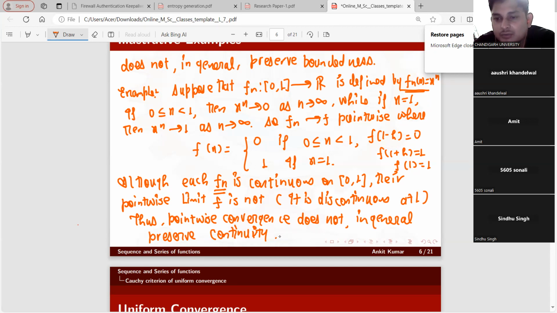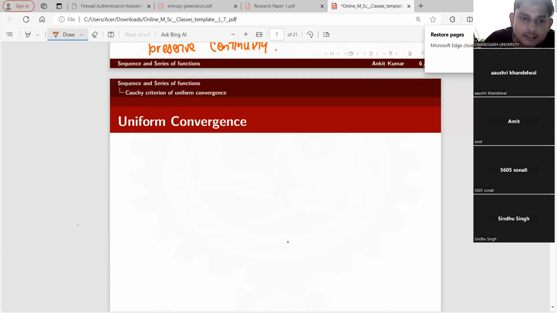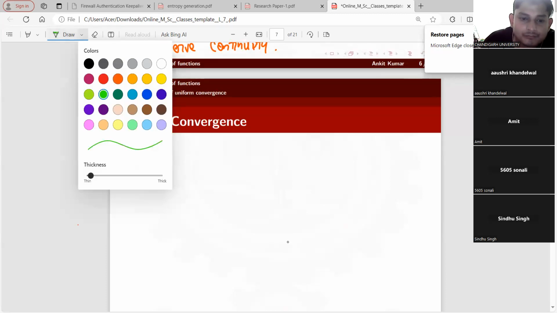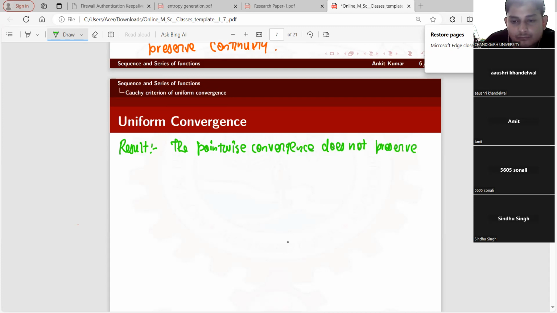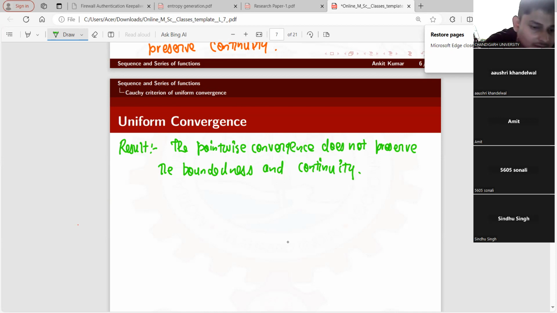The general result is that pointwise convergence does not preserve boundedness and continuity. Okay, so this is a very important result.